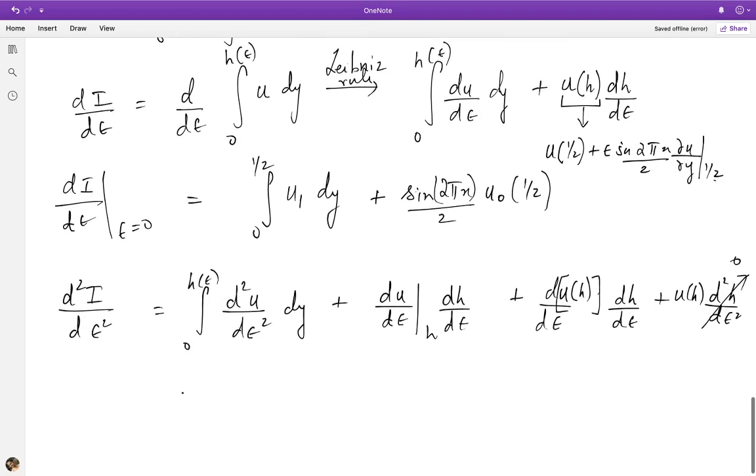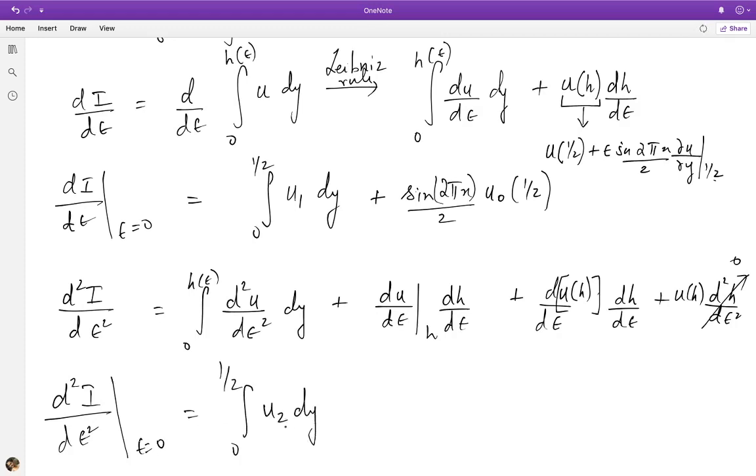So you'll see now that if I evaluate this at epsilon equals 0, the first term will just be 0 to half. Now u2 is the only term that will survive the Taylor series after putting epsilon going to 0. After you substitute the power series here, take the second derivative, set epsilon to 0, you only get u2.